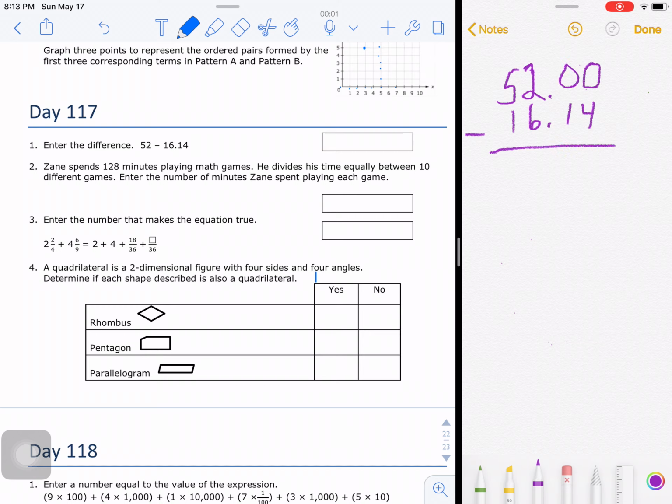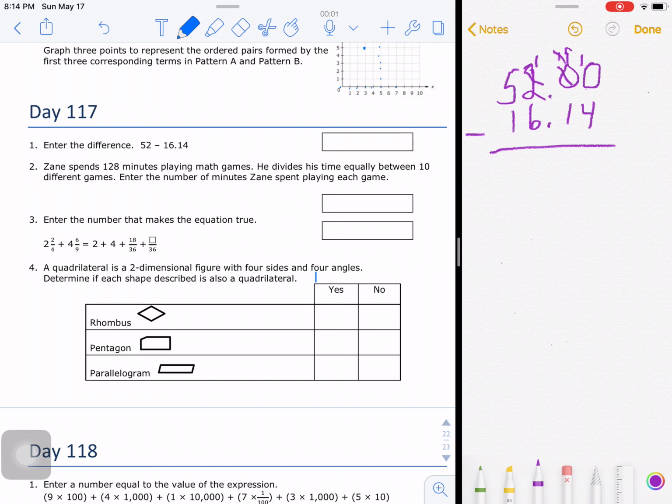We know that we cannot take 4 from 0 here without borrowing, so I'm going to borrow from that 10. That'll become 9.